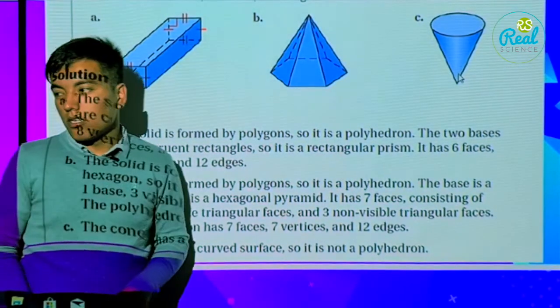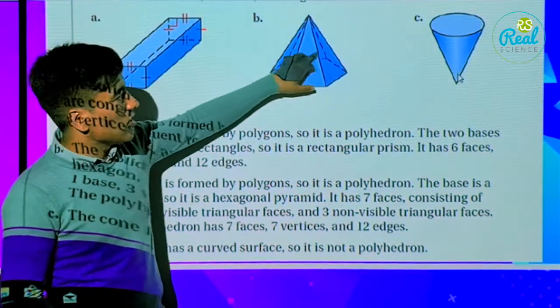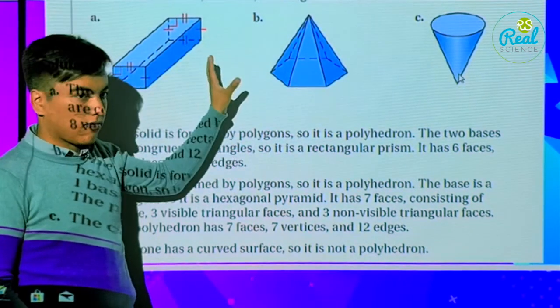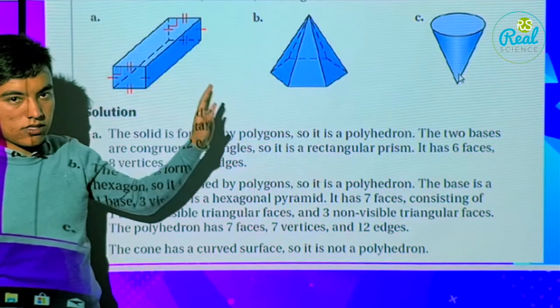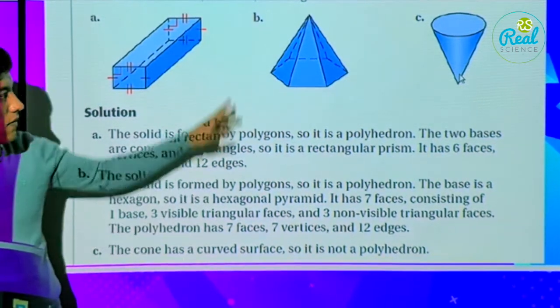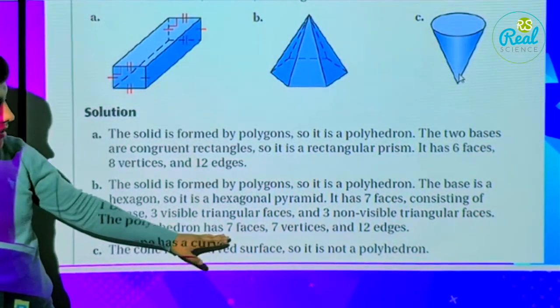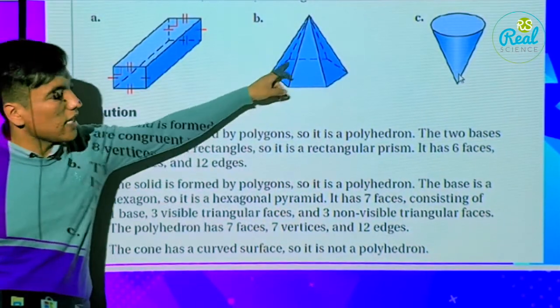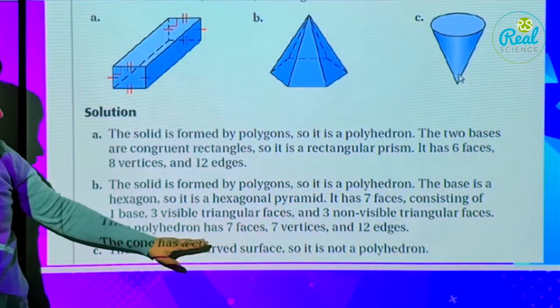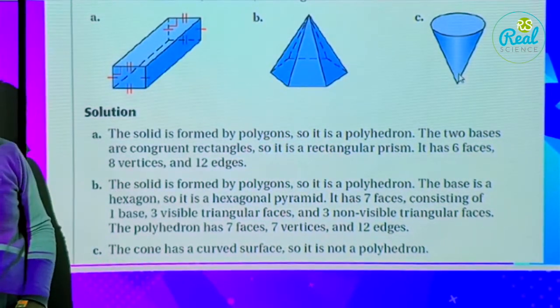Why visible, why non-visible? Because 3 of these are in front of you, so visible, but 3 are behind the figure, not visible for us. Okay? And the polyhedron has 7 faces and 7 vertices because it's a hexagon, 6 vertices and 1 vertex, 7. And 12 edges. That's it.